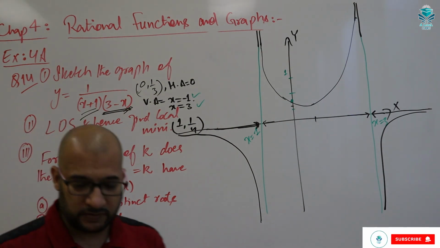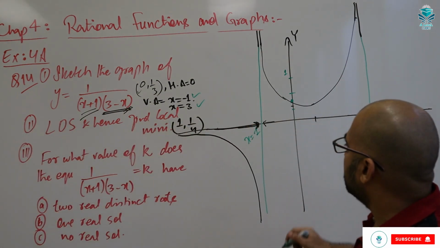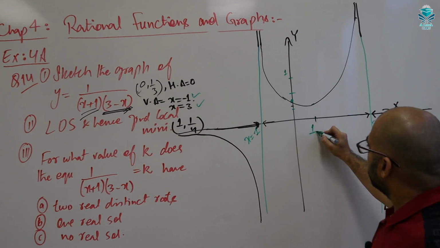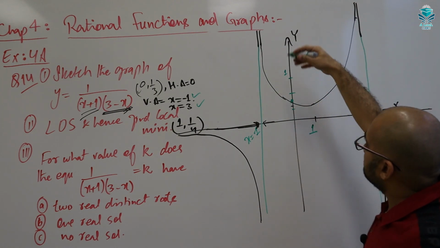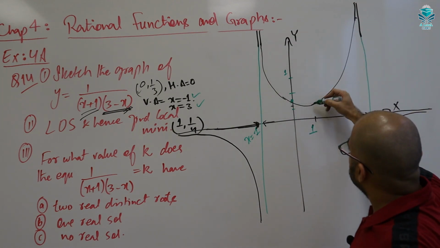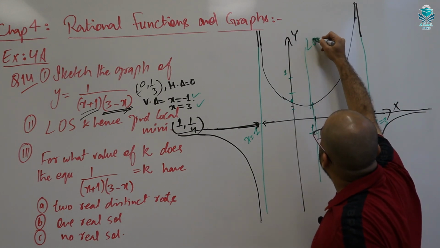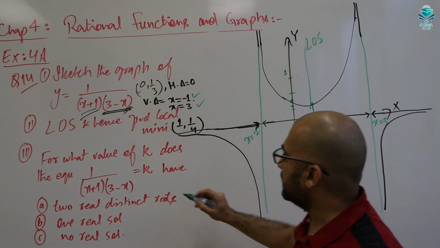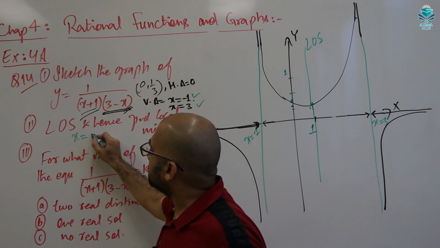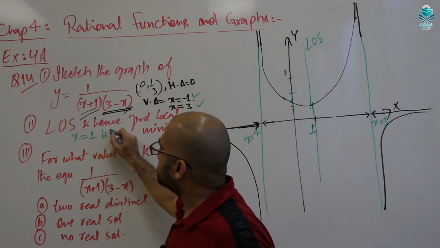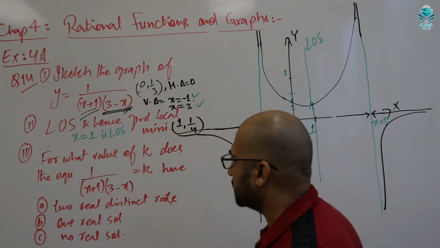So you can see from here, at x equal to 1, there is a vertex of this parabola-like function. So it means this is the line of symmetry. So you can write here: x equal to 1 is the line of symmetry of the given function.